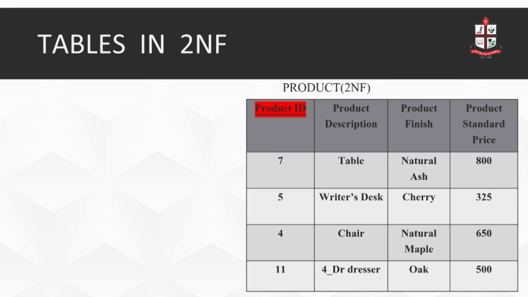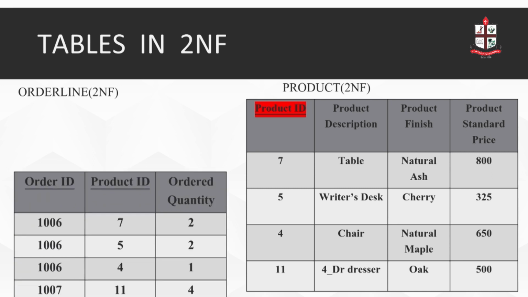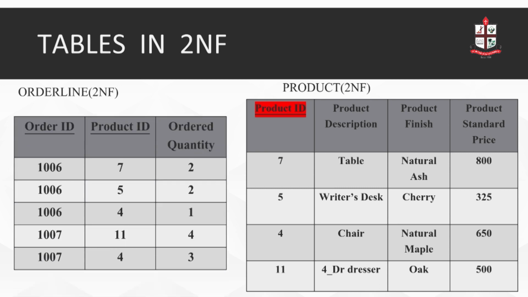Now we have to connect the customer order and product tables, and we have one attribute missing also. So we create another table called order line, which contains order ID, product ID, and order quantity. This table is also in second normal form. For this table, the combination of order ID and product ID acts as the primary key.